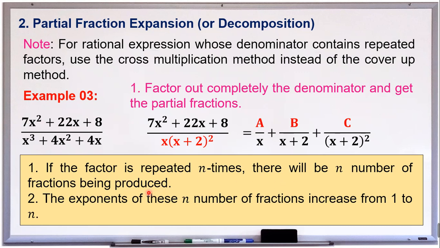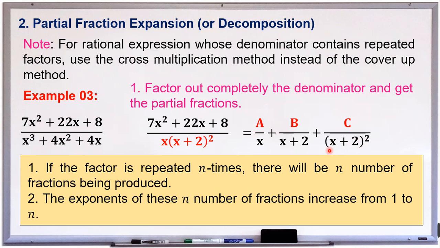Next, the exponents of this n number of fractions increase from 1 to n. As you can see, for x plus 2, we start with b, so that's x plus 2 raised to 1. We have an invisible exponent here, 1. And then followed by c over x plus 2, but this time the exponent is 2. So we start at 1, then the next is 2.